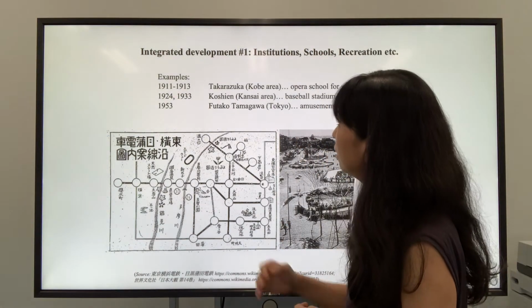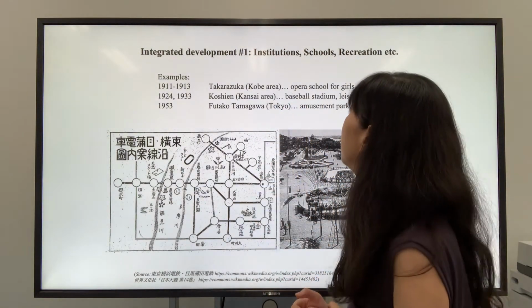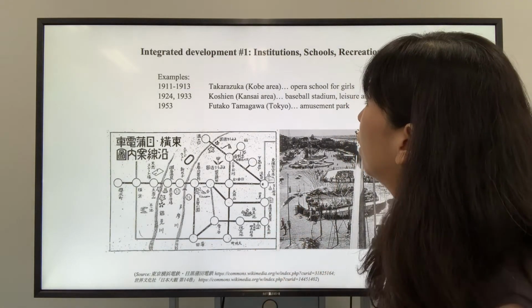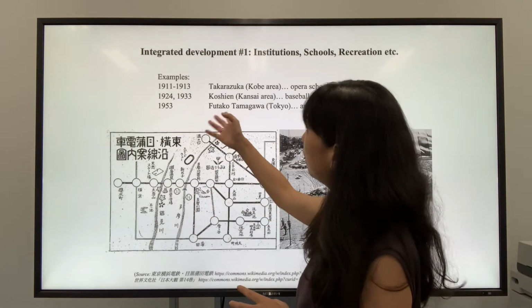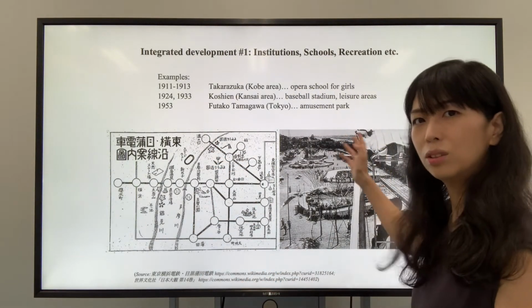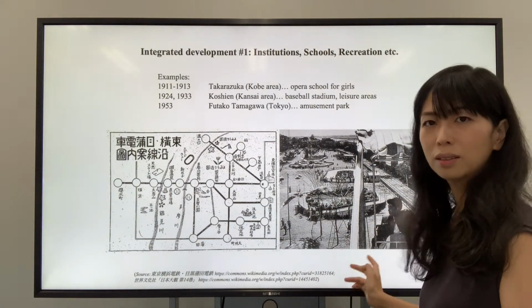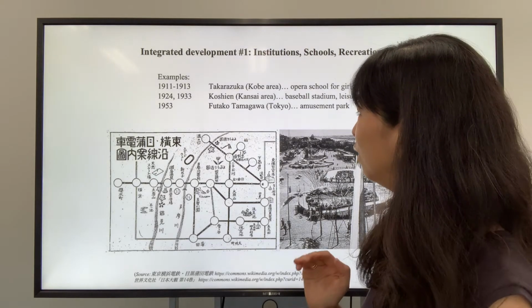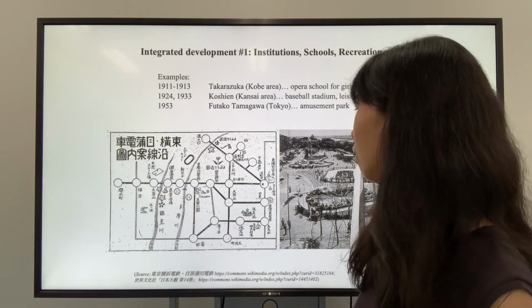And for the Tokyo case, in the 1950s they introduced an amusement park in an area called Futako Tamagawa. The photo here shows this amusement park, and again, it is not in the center of Tokyo.